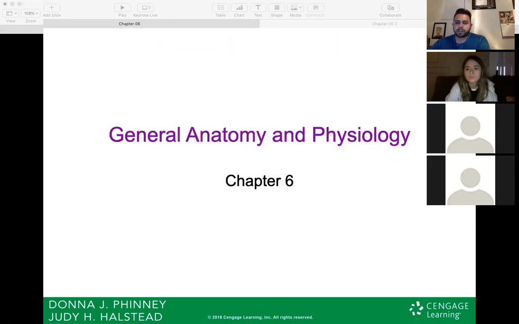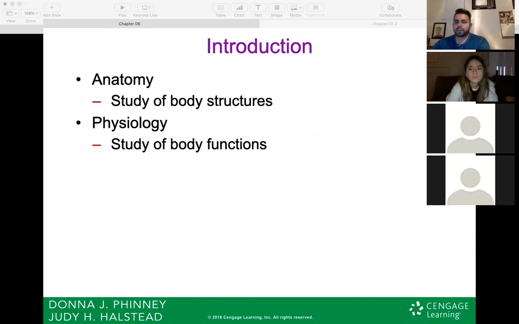Some of the things we're going to talk about are the general anatomy of the body, including the head, neck, the axial skeleton systems, as well as the appendicular skeleton systems, and the differences between those, and some other physiological things with dental assisting.